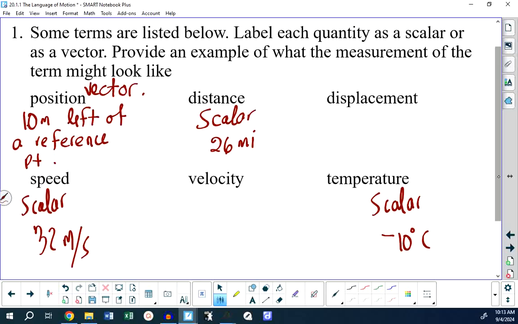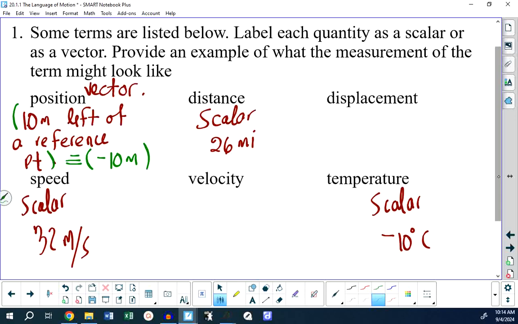Sometimes science is tricky. If I say that the position of an object is 10 meters to the left of some reference point, and we'll have an example in a few minutes that talks about a reference point, instead of saying all of that, I could say the position is negative 10 meters. As long as we all know where the reference point is, then we know the position.